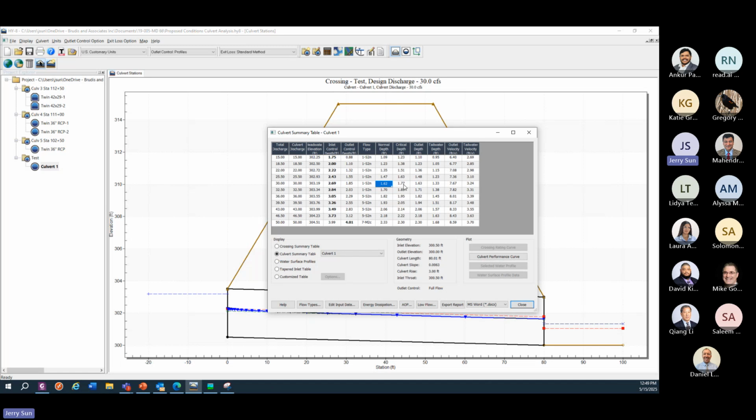If this number is small, then this is subcritical. That means the velocity is small. That's normal depth, and the outlet velocity. If we design the outlet protections, we use the normal depth and outlet velocity, right?